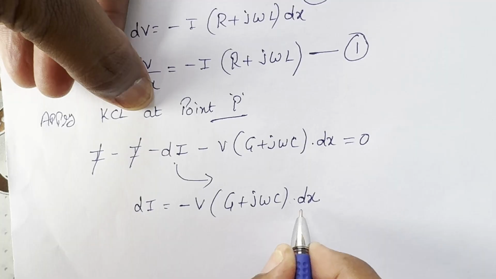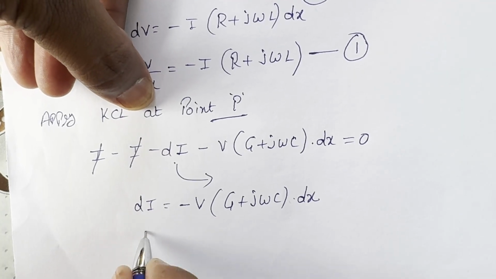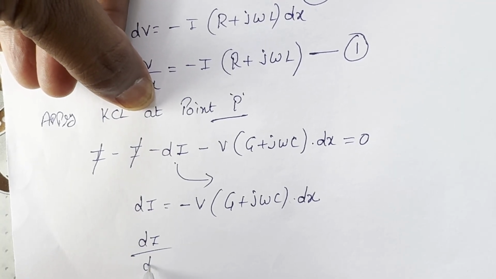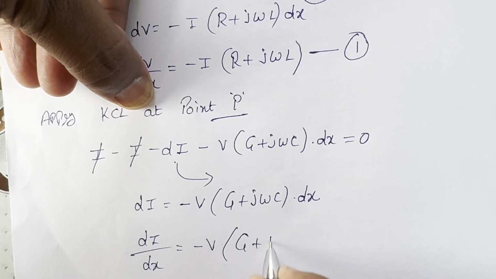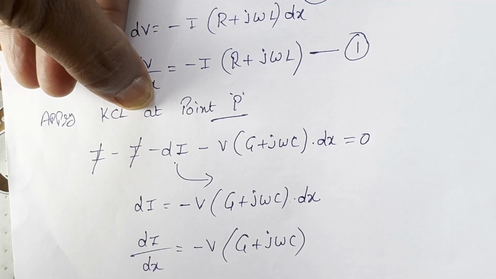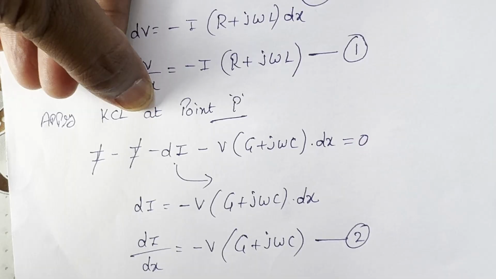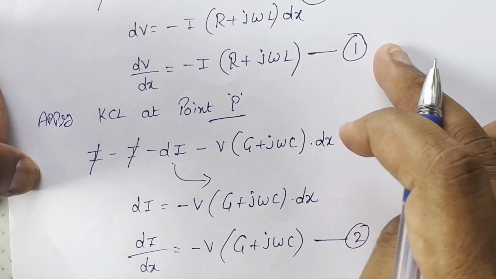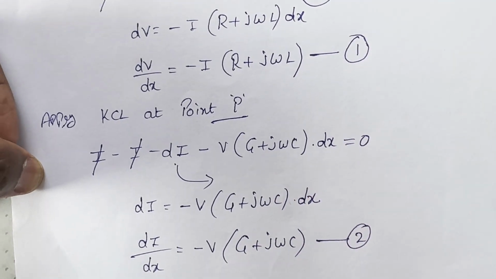Letting dx go to this side, dI by dx equals minus V into G plus j omega C. It is equation number 2. Like this, we have equation number 1 and equation number 2.